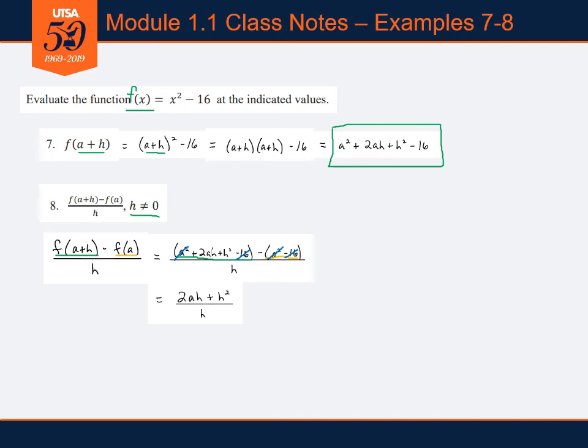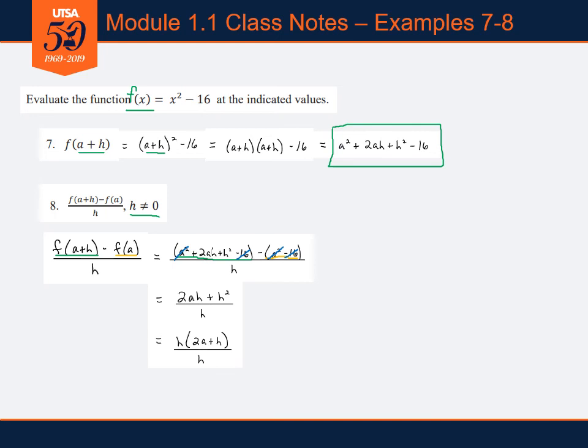And all I have left are the two terms 2ah plus h squared, still over h. Now I don't have any more like terms, but I do have a factor that will reduce. I see a lot of h's in this fraction. The next step that we're going to take is to factor an h out of the numerator.